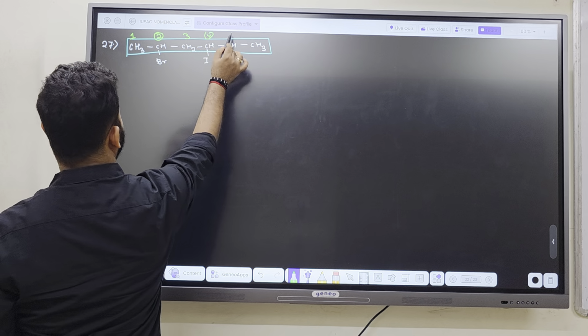If I go in the opposite direction, 1, 2, 3, 4, 5, 6. There is 1 at 2, there is 1 substituent at 3, 1 at 5. 1 at 2, 1 at 3, 1 at 5. 2, 2, same. Therefore, I must move to the next number. 4, 3. Well, 3 is the smaller number. Therefore, yellow way is correct, green way is wrong.